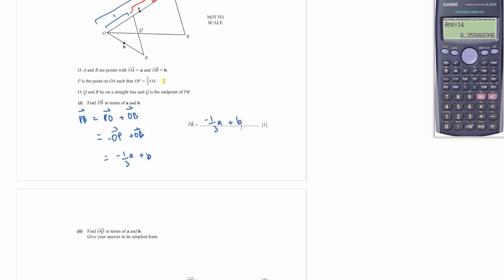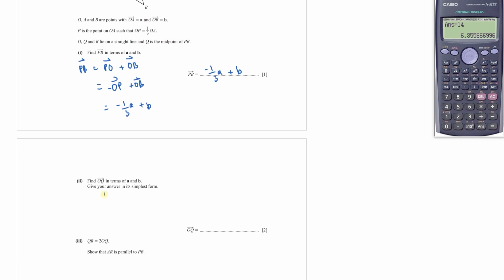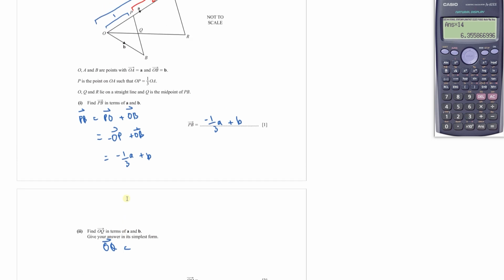So using the head to tail rule, OQ can be written as OP plus PQ, and then PQ we know is half of this PB, right?